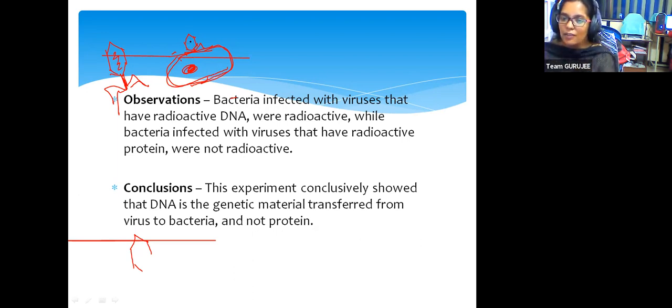Instead, the genetic material present inside will enter. Remember that the bacteriophage won't enter the bacteria completely. It only allows its genetic material to enter. This is the life cycle of the bacteriophage, that is, the lytic and lysogenic cycle.